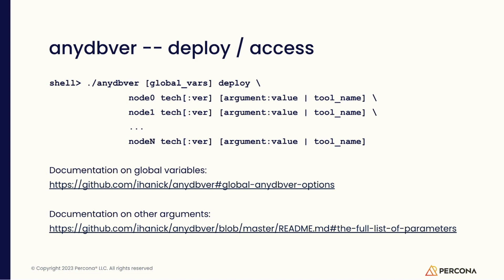After checking the help output, we could see that there were a lot of words involved in one command, right? So let's look at the generic way in which the tool works. So AnyDBVer, then you have the optional global variables that are listed in this link in the GitHub account.